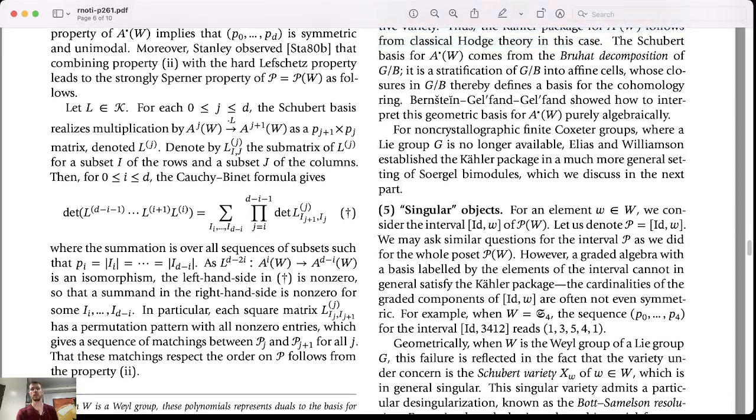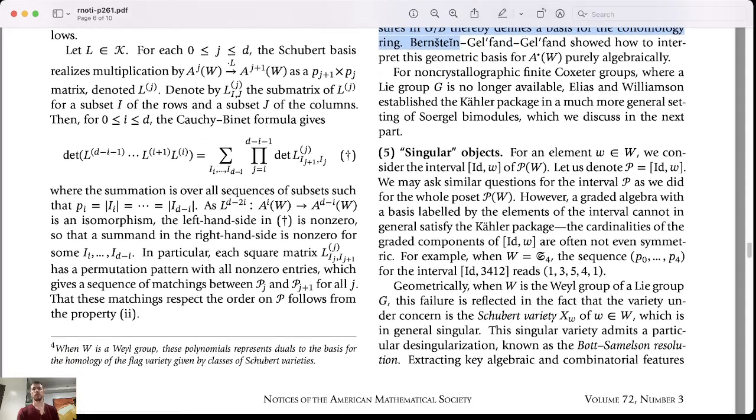The Schubert basis for A of W comes from the Bruhat decomposition of G/B. It is a stratification of G/B into affine cells, whose closures in G/B thereby define a basis for the cohomology ring. Bernstein, Gelfand, and Gelfand showed how to interpret this geometric basis for A of W purely algebraically.